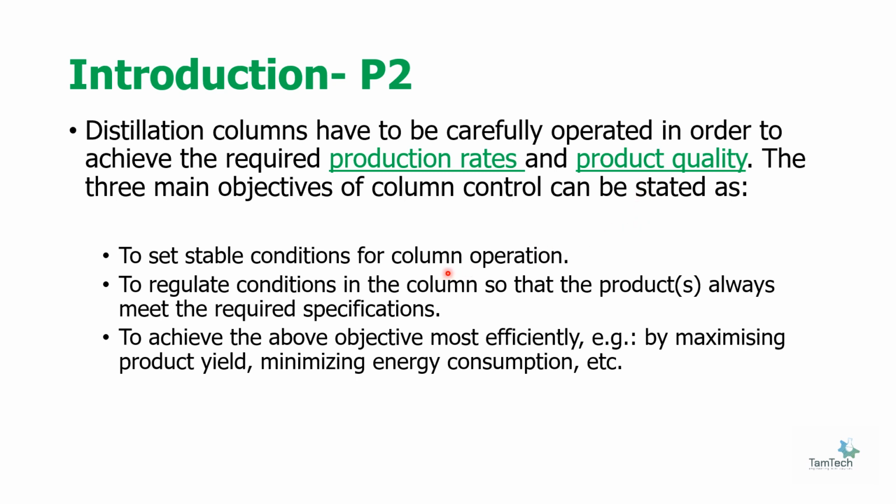There are three main objectives in general for distillation column control: to set stable conditions for column operations; to regulate the conditions in the column so that your products always meet the required specifications; and to achieve the above objectives most efficiently. This could be done either by maximizing your product yield or minimizing your energy consumption.